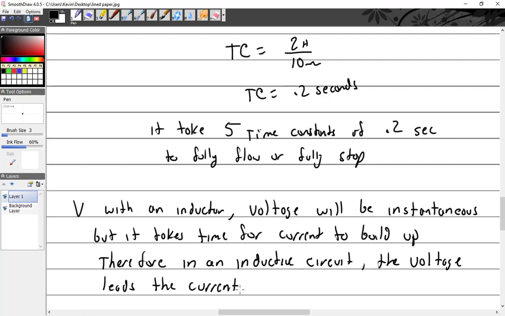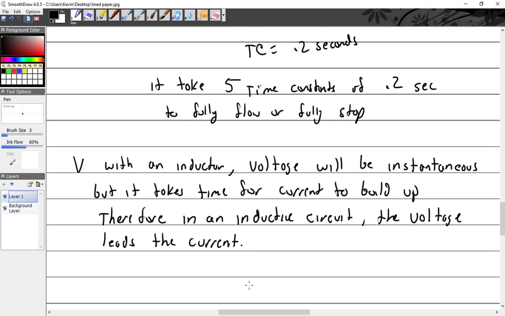But in a DC circuit, it only happens to start up and shut down. But in an AC circuit, because the voltage is constantly changing in direction and amplitude, this happens non-stop.